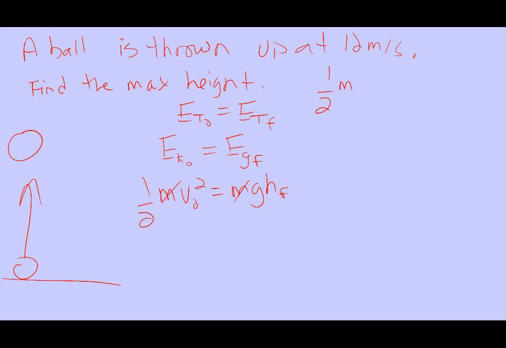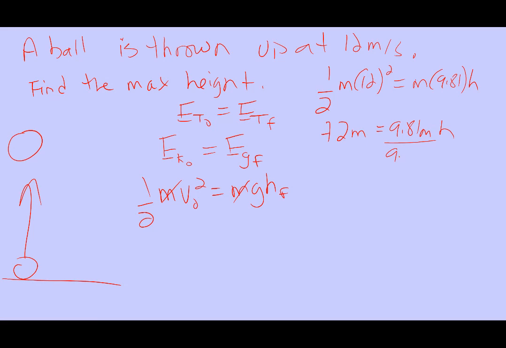So I got the mass there, and I got 12 meters per second, and it's squared. And then over here, I've got the mass again, and I got 9.81 and times the height. All right. So 12 squared is 144. Well, let me work it out. Times a half is 72. So I got 72 m on the left, and I got 9.81 m on the right, and times h.